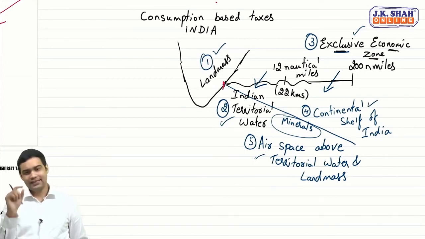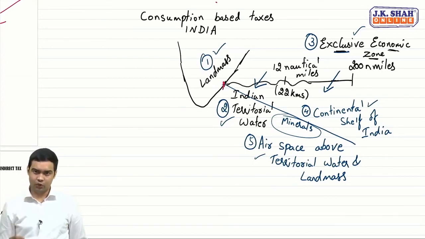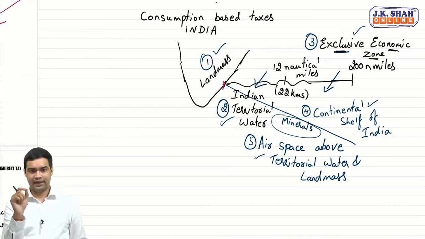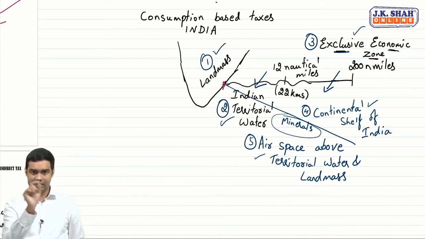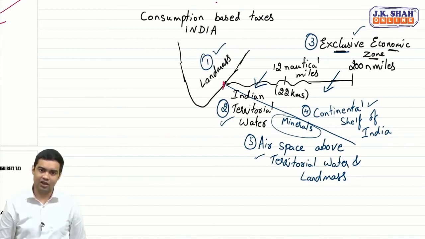Now, you can just make a small note of this in your notebook. We will come across the definition of India, and there I'll make you write this particular aspect. This is optional, not mandatory, but I'll make you write a line on consumption based principle.